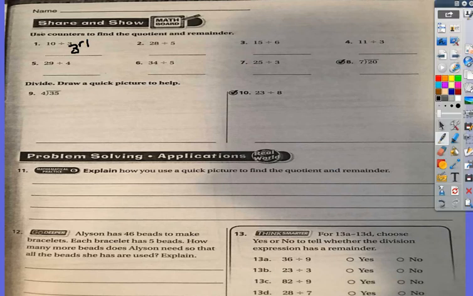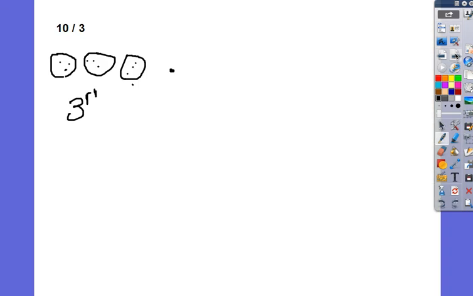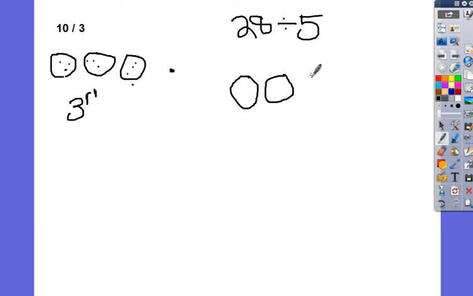Okay, number 2, 28 divided by 5. Okay, so on this one they want 5 circles. 1, 2, 3, 4, 5.